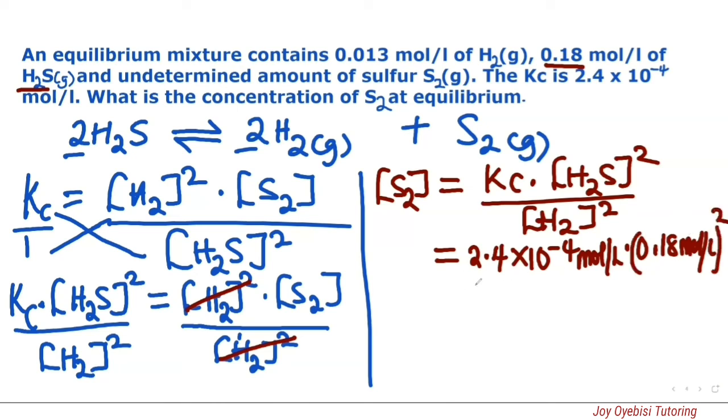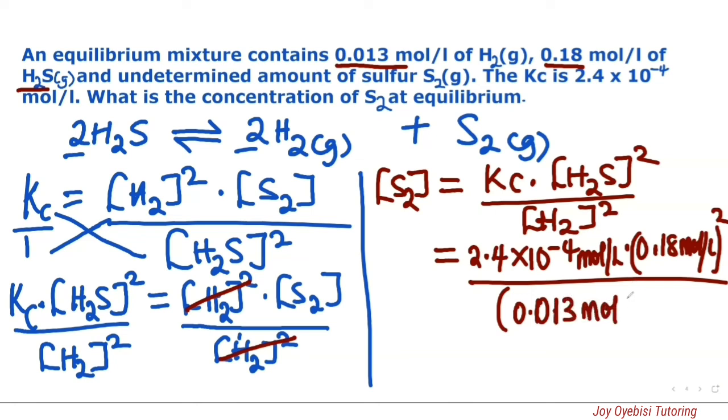Divide this now by the concentration of hydrogen, which we're given as 0.013 mole per liter, and this is also squared.